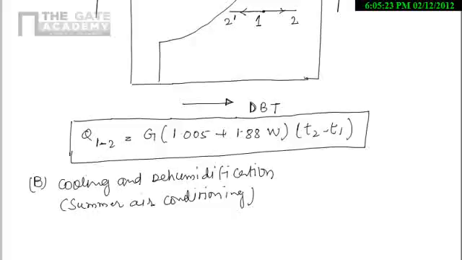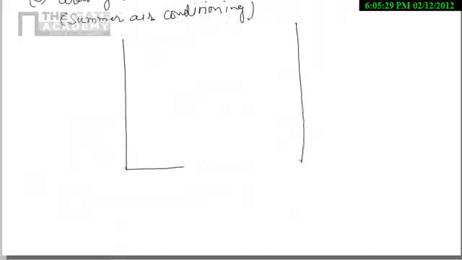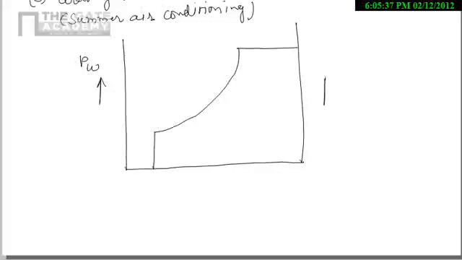First of all, I will draw the process on the psychrometric chart. We know this one is the psychrometric chart. Here we have PW, here we have W, here we have dry bulb temperature. In that process, we want to reduce humidity and we want to reduce dry bulb temperature.